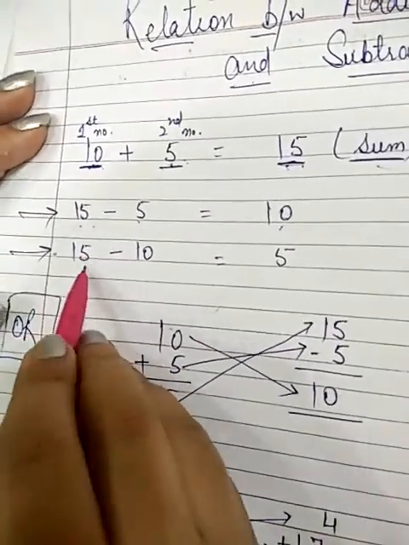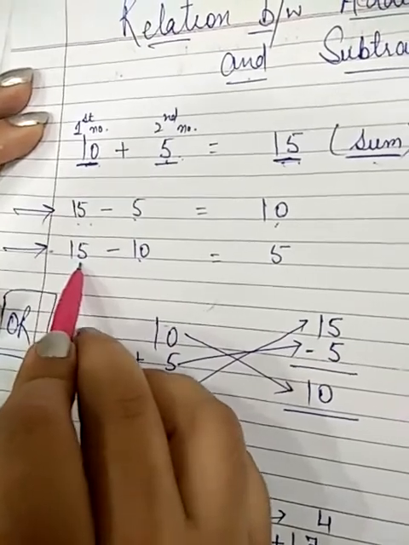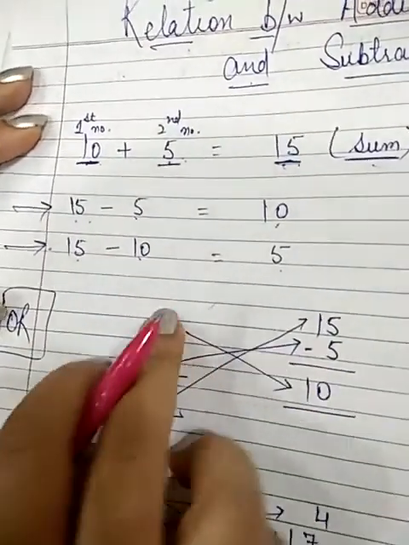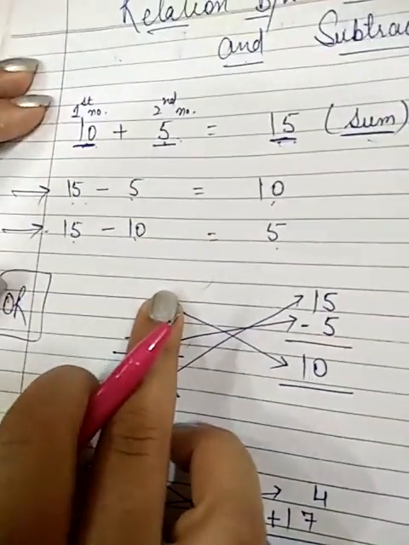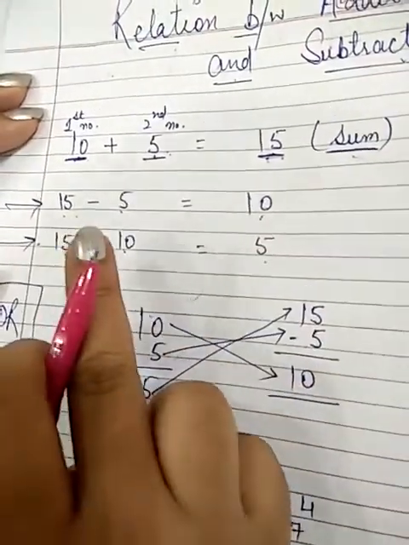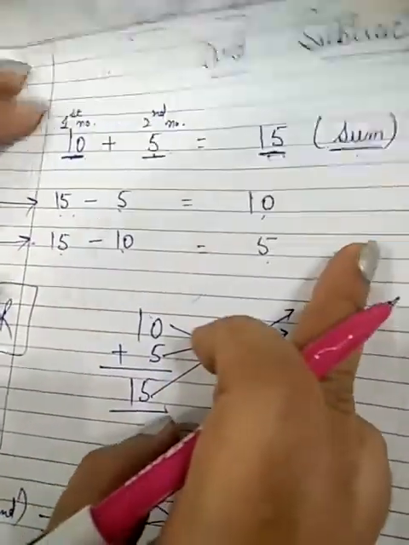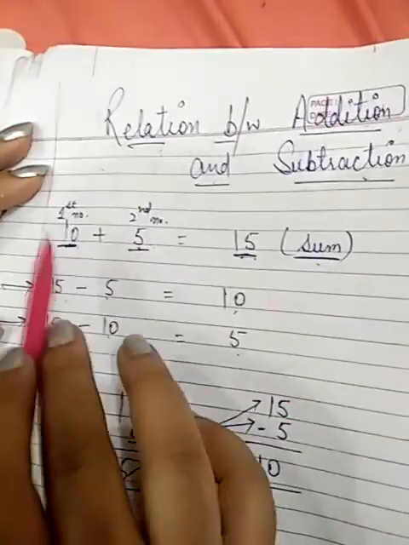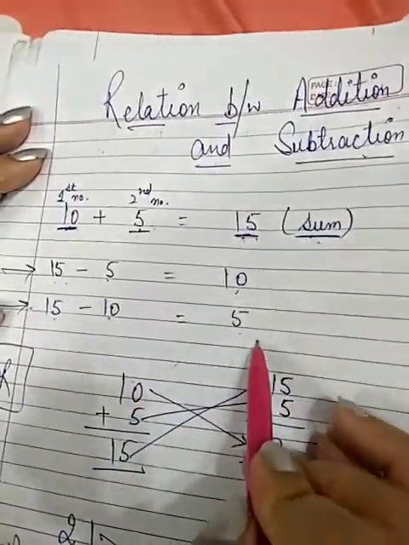In the second, I have subtracted 10 from 15 and the answer is 5, which is the other number. So whenever you subtract any number from the sum, you will get the other number.